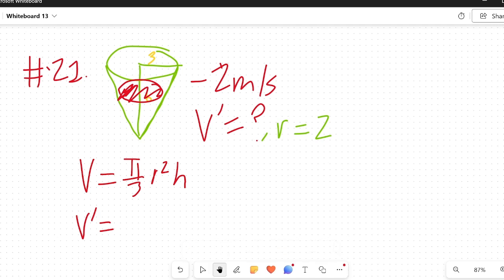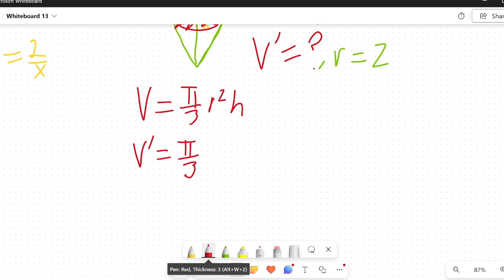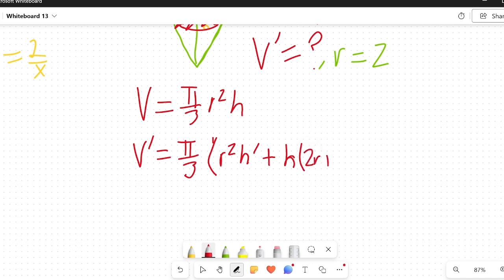If we take the derivative, it's pi over 3 times r squared multiplied by h prime, plus h multiplied by 2r multiplied by r prime, because we're using implicit differentiation.